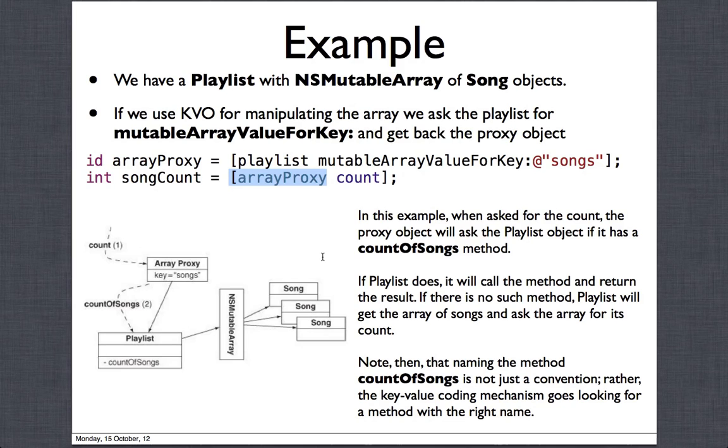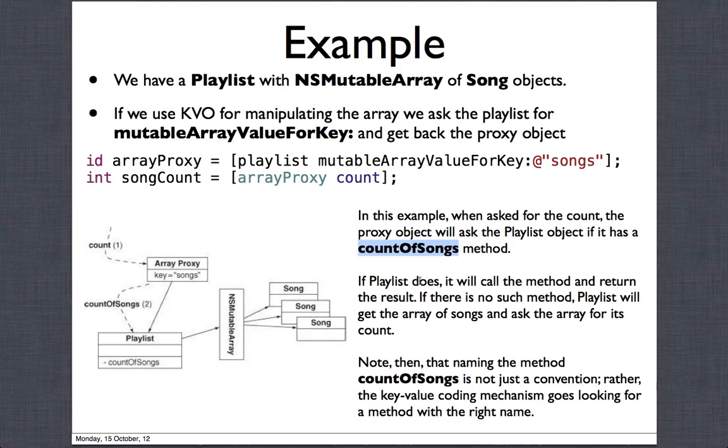So what happens is, if I ask for count, the proxy object, this array proxy, will ask the playlist, because this is a proxy from this playlist, if it has a countOfSongs method. And this is not just in this example, this is actually the name that will be used if I ask for count and the array is songs. This name will be generated, countOfSongs.